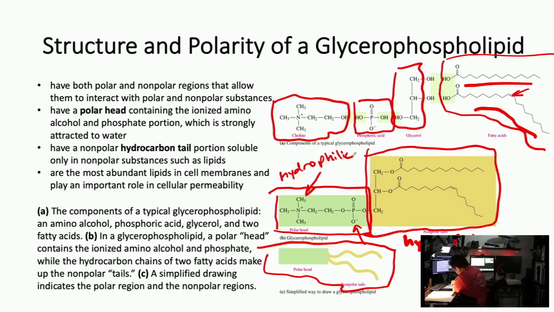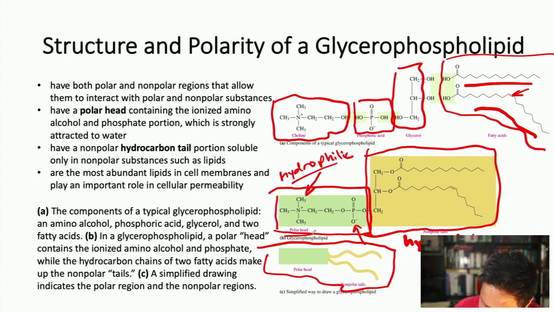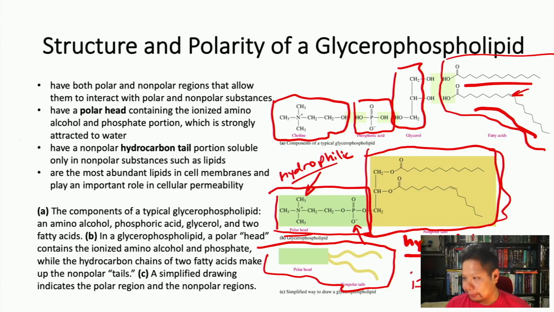Alright? So hydrophilic, polar head group, soluble in water. Hydrophobic, nonpolar tails, not soluble in water. And so these have interesting implications when it comes to the cell membranes of your body, your cell membranes, right?